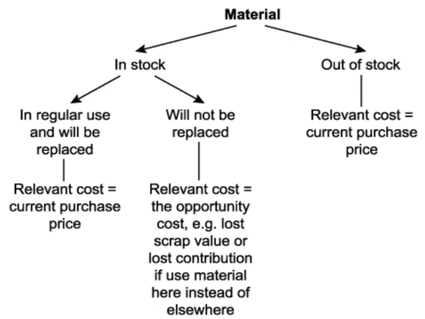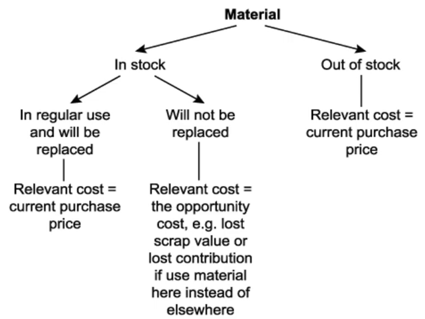What happens if the materials are in stock, but we are going to use them and they will not be replaced? We have to find out, do these materials that are in stock and are not to be replaced have a scrap value? Can we sell them off? Or can we use them somewhere else where they will earn a benefit to the company?